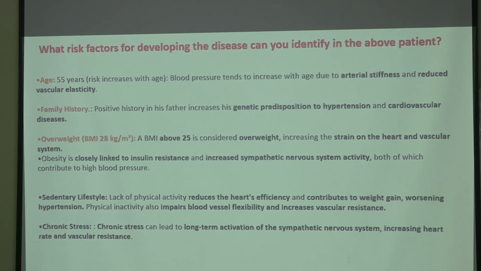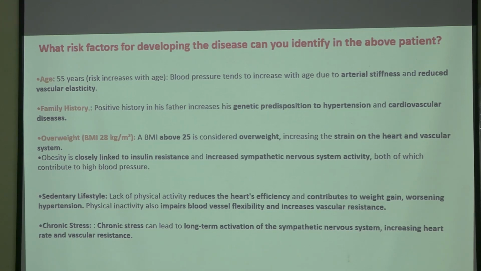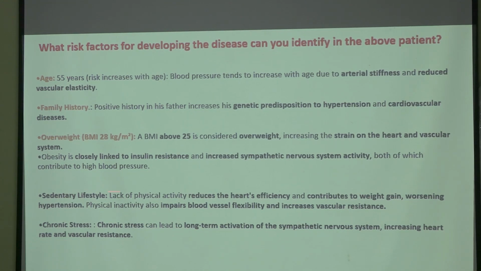Now, how do sedentary lifestyles affect blood pressure and how do they facilitate the development of hypertension? It reduces heart efficiency. Obviously, with the decrease of heart efficiency, there will be less cardiac output, right? It contributes to weight gain. This weight gain ultimately worsens the hypertension.